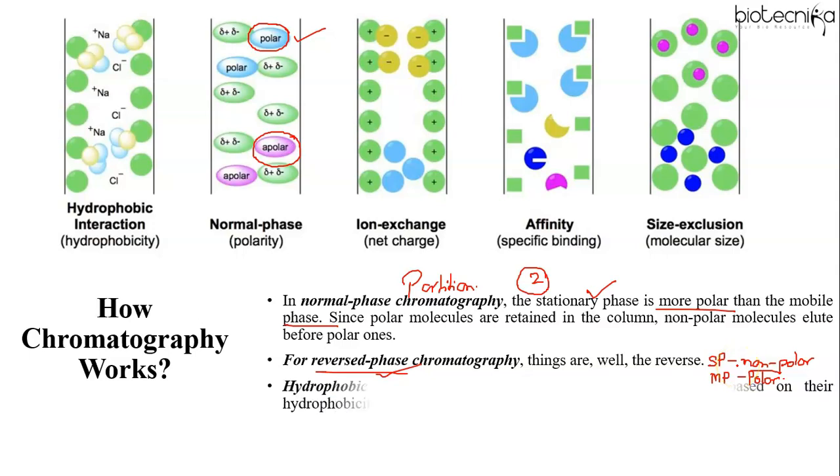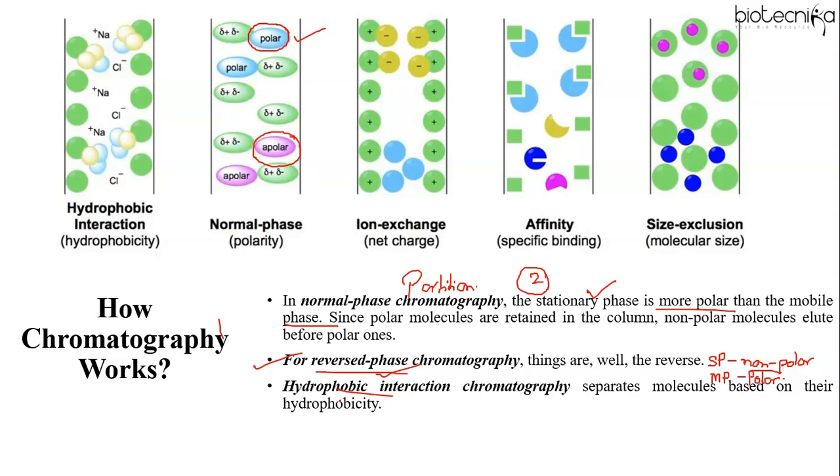Then HIC, that is hydrophobic interaction chromatography, is referred to as a milder form of reverse phase chromatography. Although both reverse phase and hydrophobic interaction chromatography are based on interaction between hydrophobic moieties, the bonded phase of hydrophobic interaction chromatography supports consists of a hydrophilic matrix with inserted hydrophobic chains.